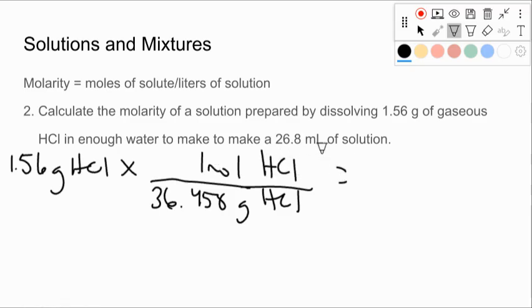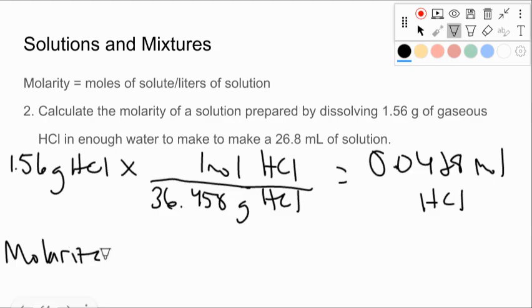So then again, mathematically, I'm going to do 1.56 times 1 divided by 36.458. I need 3 sig figs. And this one comes out to 0.0428. And that's my moles of HCl.